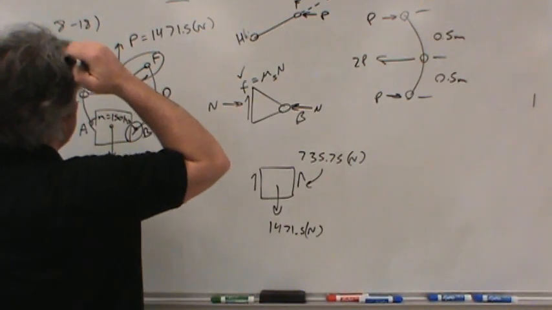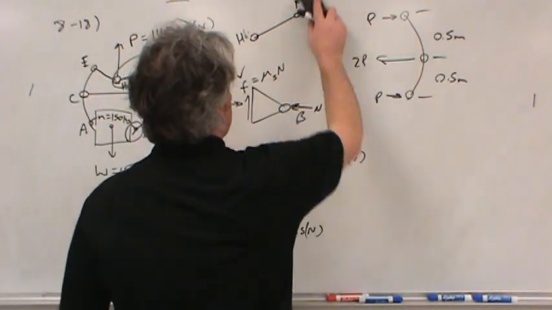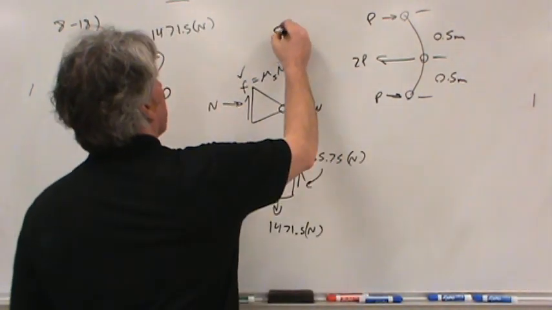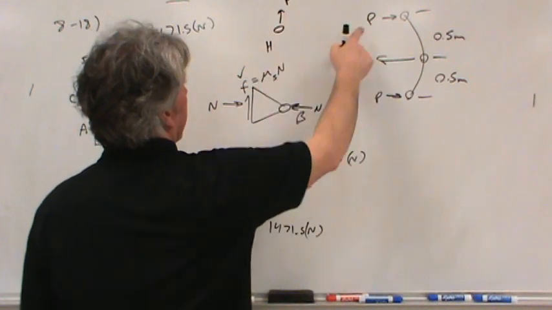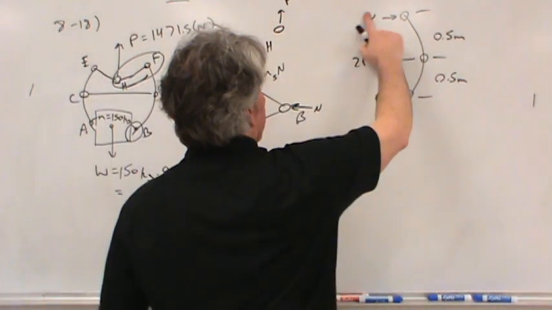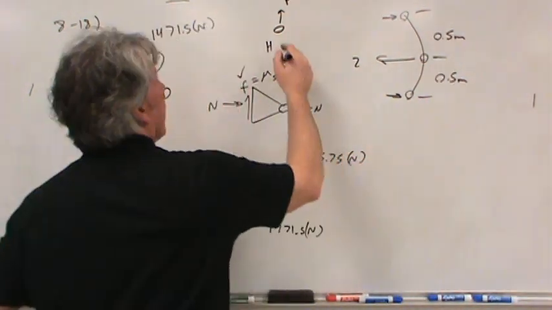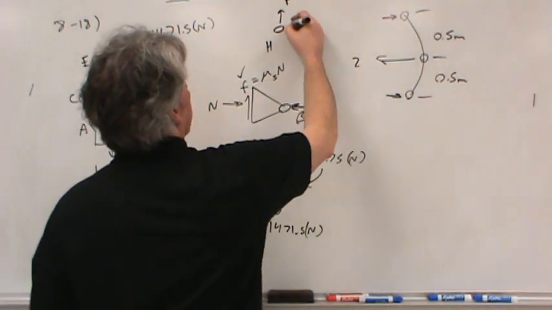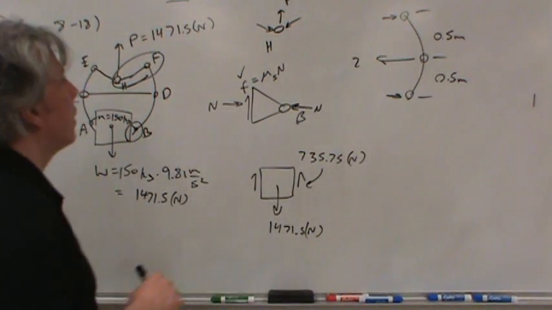So how would I do that? Well, let's see. I guess the easiest way to do it is to take a free body diagram with pin H. So there's a force P here, and I shouldn't have said P, I'm sorry. I meant a generic force here. I didn't mean to confuse with that. All right, so I guess we'd have to have a force like that to hold the pin in equilibrium.